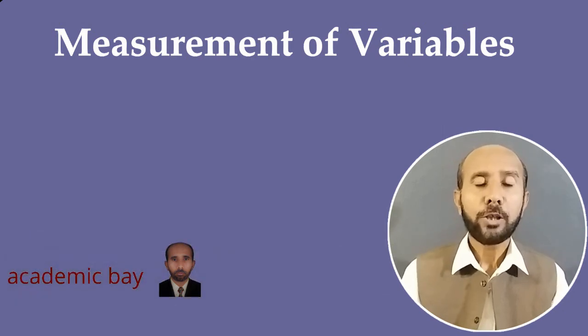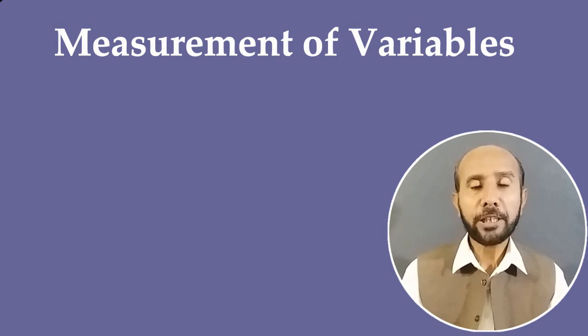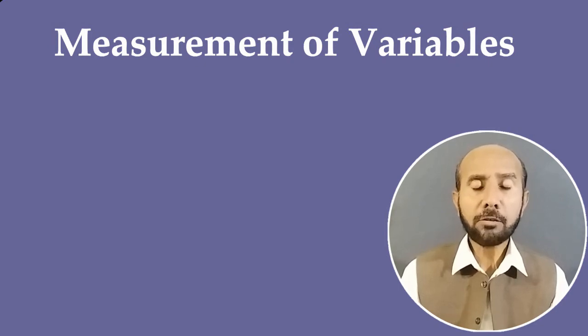As I told you in my previous lecture, variables and their measurement in natural science is relatively easy, because variables like force, mass, weight, volume, pressure have sophisticated instruments and a particular unit. However, when it comes to social science, the measurement of variables becomes slightly tricky.